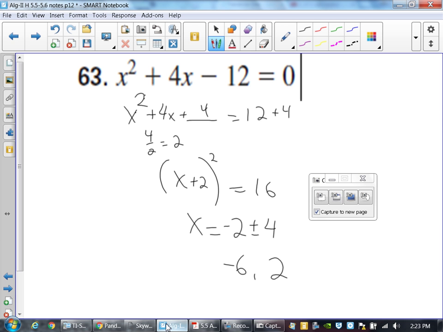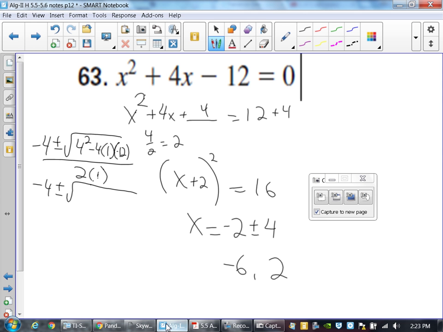It works the same way if you wanted to use the quadratic formula: the opposite of b, plus or minus the square root of b squared minus 4 times a times c, all over 2a. So you'd recommend that for crummy numbers, basically not even numbers?